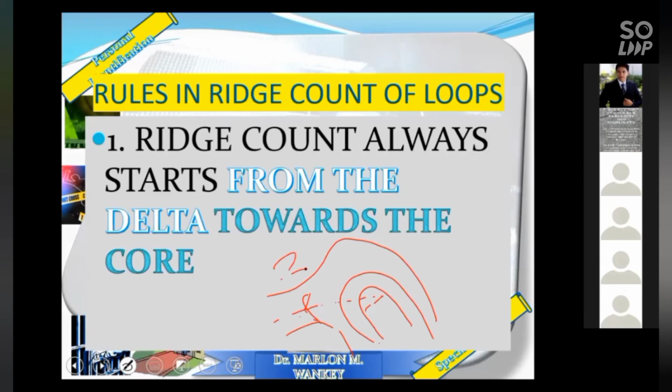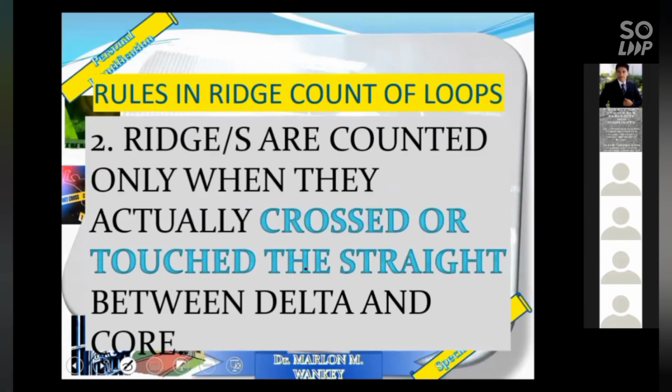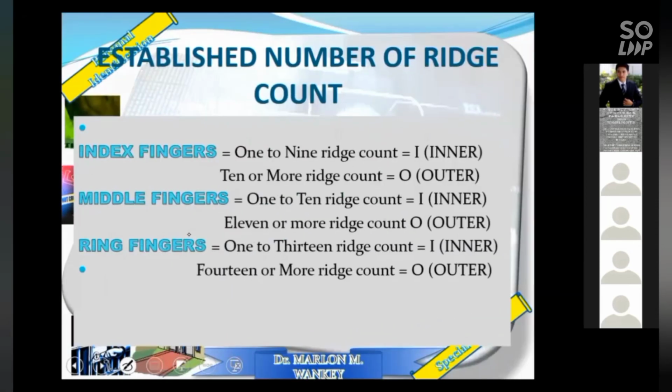So, this is a 2 ridge count. Number 2, ridges are counted only when they actually cross or touch the straight line between delta and core. Only touch. Remember, touch, not passed by, but touch. There is a contact. Okay, remember this.